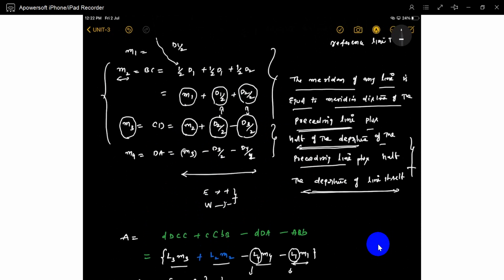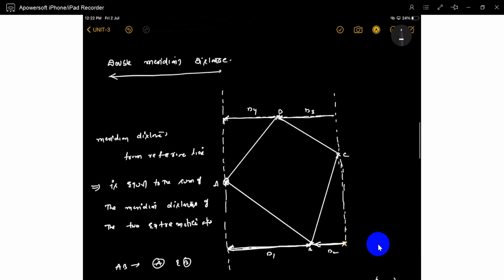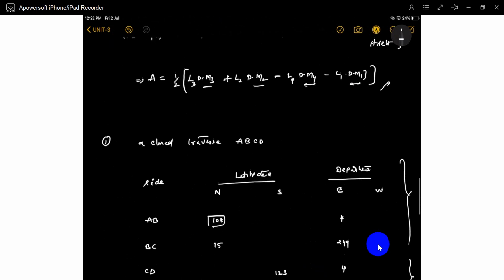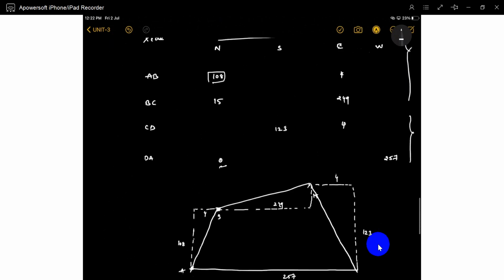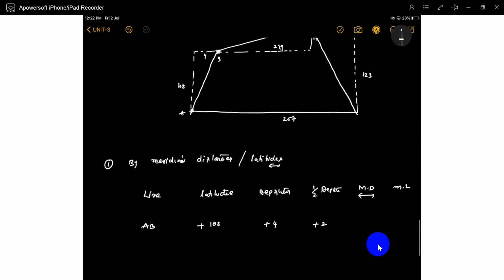The meridian distance of any line is equal to the meridian distance of the preceding line plus half of the departure of the preceding line plus half of the departure of the line itself. AB is the starting line, so there is no preceding line and no departure of a preceding line. So the meridian distance is directly half of the departure of the line itself.